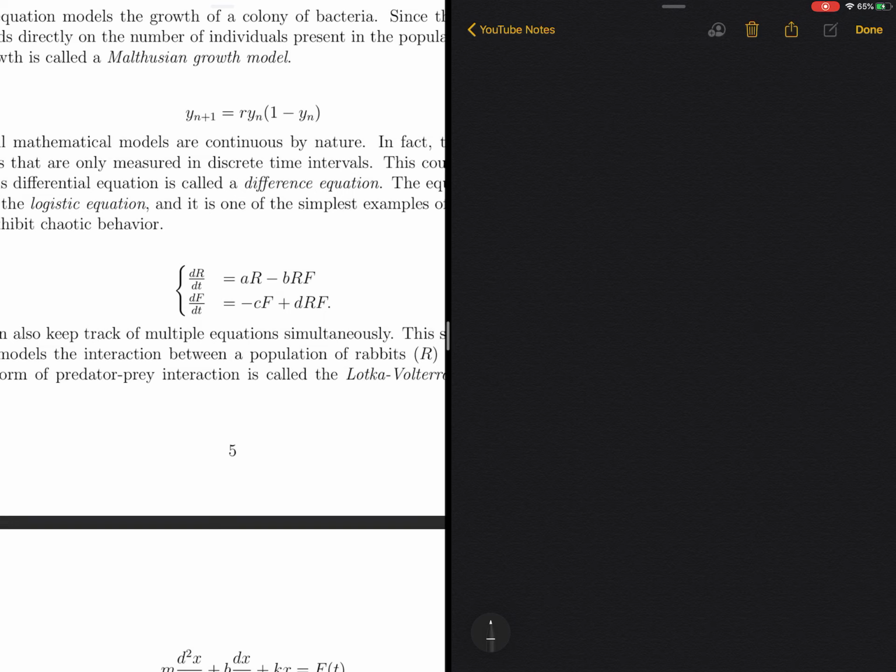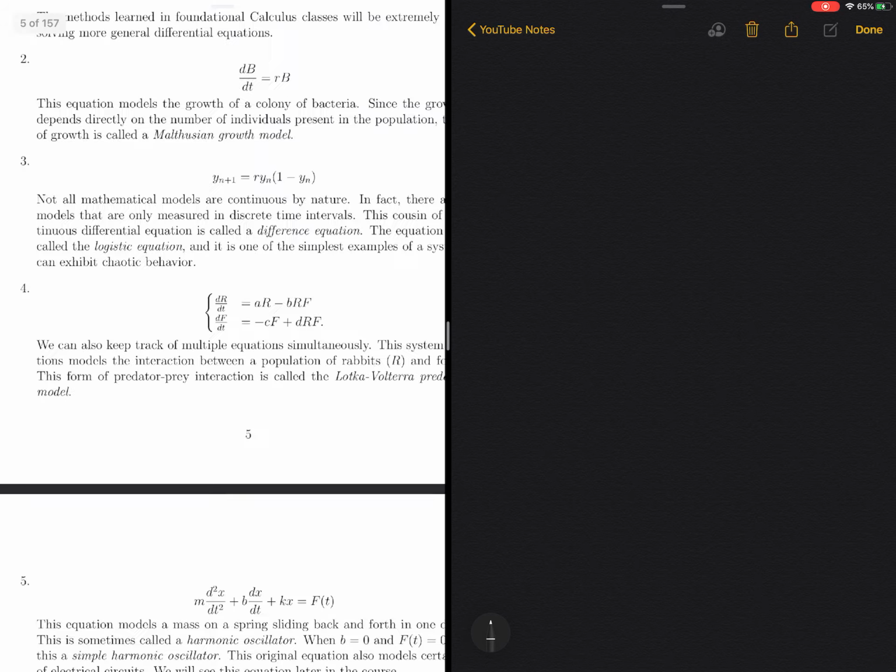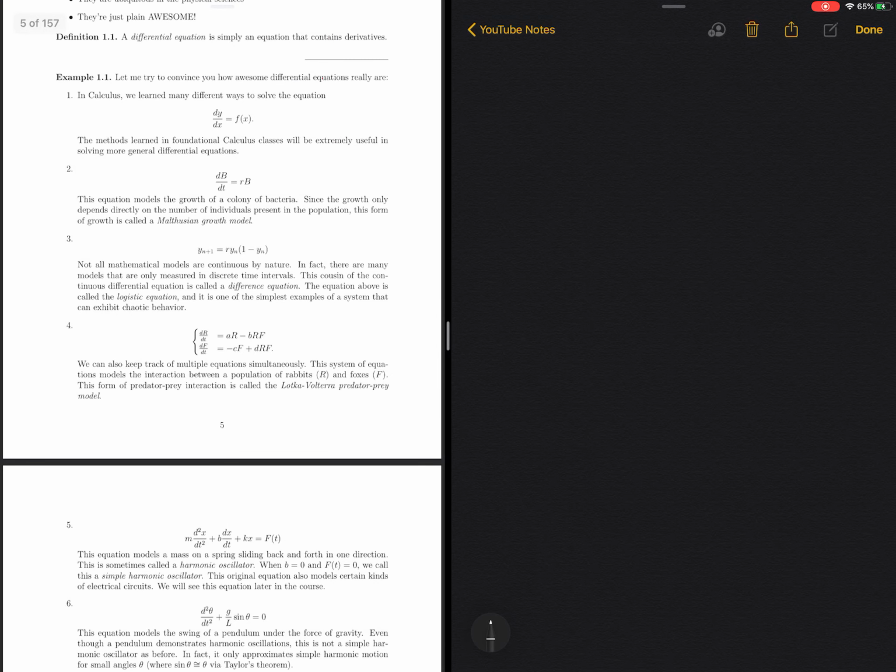So in this top row, you would be thinking about how the number of rabbits changes at a given moment in time. It has a Malthusian growth parameter, but it also has a mixing predation factor. And in the bottom row, you'd have foxes and how they grow or decay over time. There's a competition term in that -CF, and there's also a growth term based on whether or not these foxes can find and predate rabbits.